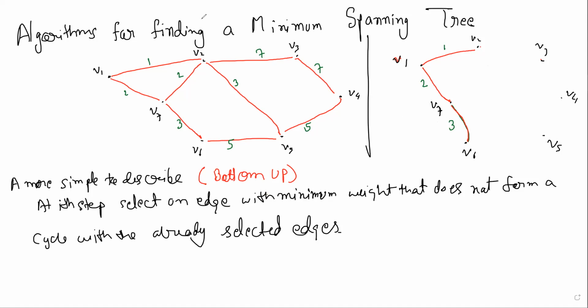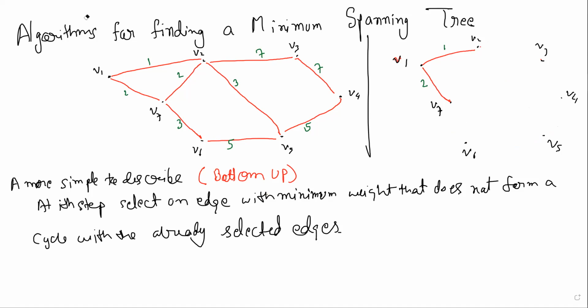There will not be any problem the way I have given the graph. Then we'll pick a 5, and then a 5 again. Okay, I'm sorry. I'm executing it correctly, but my explanation is wrong.